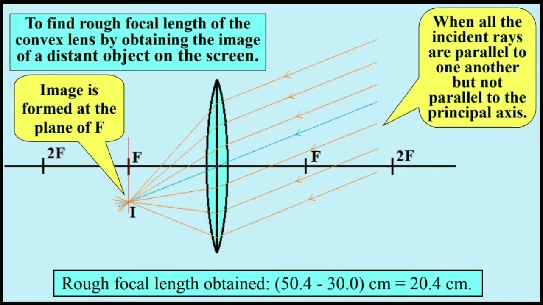Determining rough focal length of the convex lens is an essential part of this experiment, so that we know in what range the object pin should be placed in front of the convex lens to obtain real and inverted image of the object.